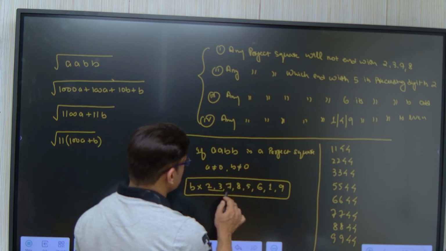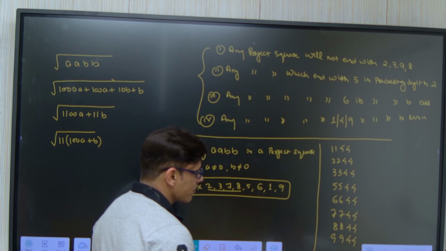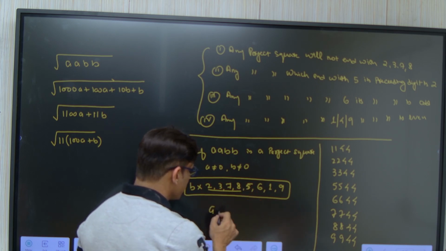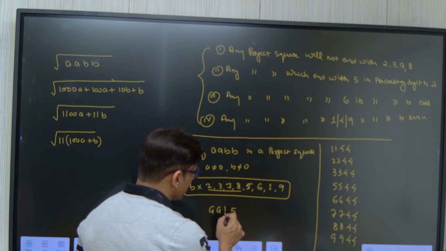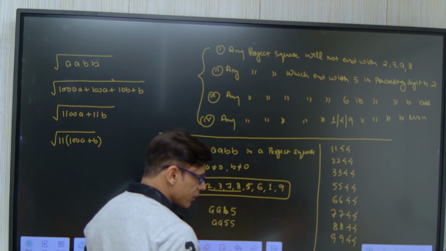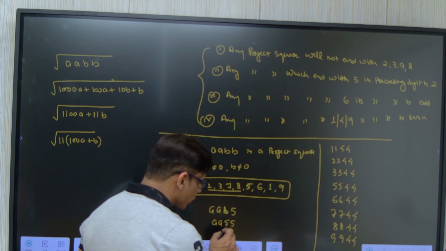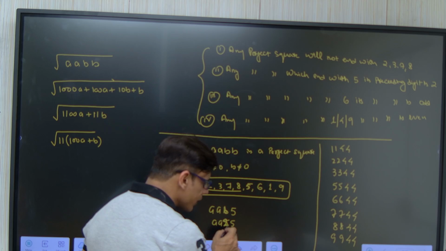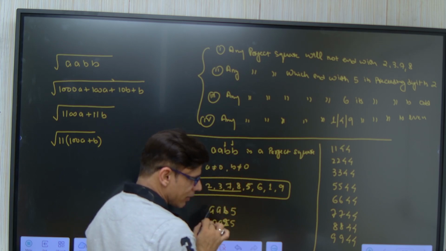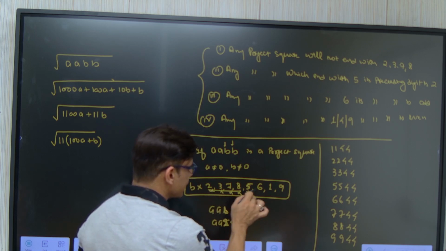So B cannot be 2, 3, 7, 8 for sure. Okay, so now suppose you take AA and this has 5 and this has B. So B also has to be 5, or not? हाँ, तो वही तो कह रहा हूँ, तो 2 होगा ना यहाँ पर. अरे तो ये दोनों डिजिट सेम होना चाहिए, लेकिन ये 5 है तो ये 2 होगा, लेकिन 5 और 2 तो सेम नहीं है, तो 5 भी नहीं हो सकता. 6 हो सकता है क्या?